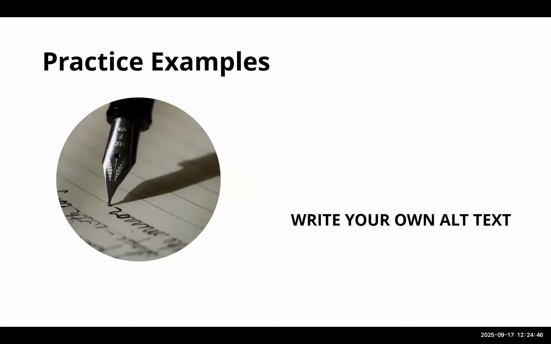Now, let's flip it up. It's your turn to try it out. So we've talked through the basics of writing alt text and how context matters. So let's put that into practice now. On the next few slides, you will see images. Take a moment to think of an alt text that would fit in that context and purpose.